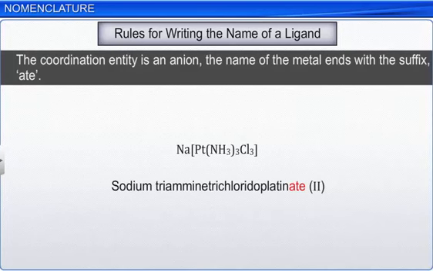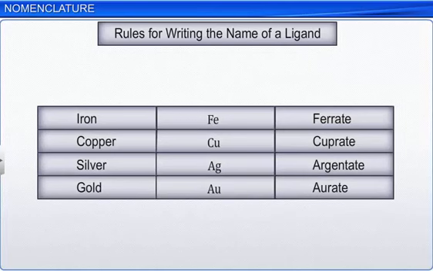For some metals such as iron, copper, silver, and gold, their Latin names ferrate, cuprate, argentate, and aurate are used. For example, the complex K2[CuCl4] is named potassium tetrachloridocuprate(II).